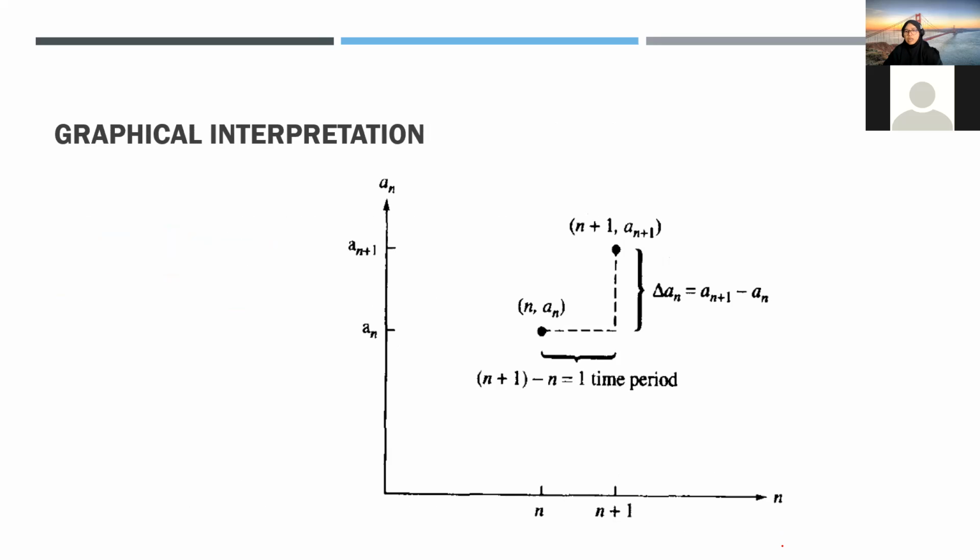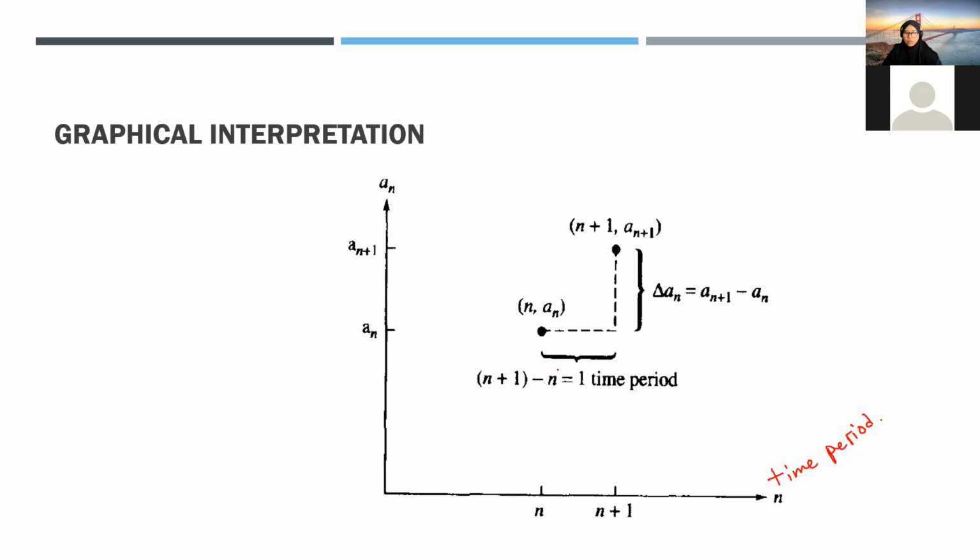Okay, now what does it mean by that? So this is the future. This is the time period. So the x-axis is the time period, and then the An is the value that is changing over the time.